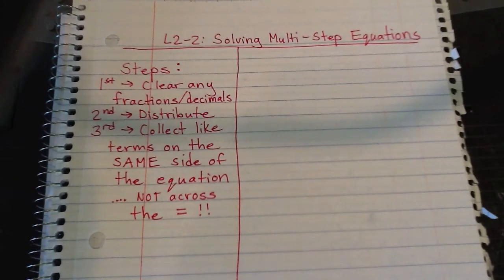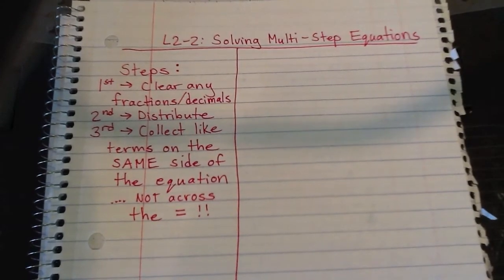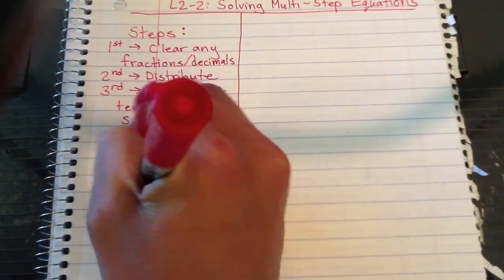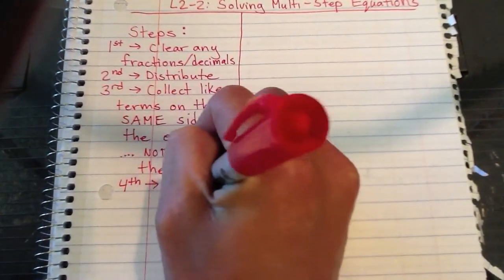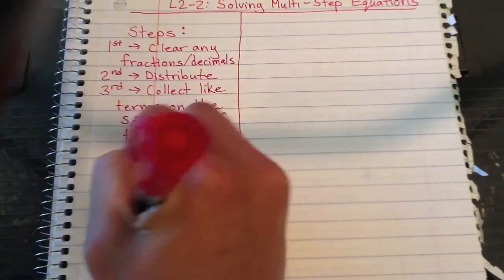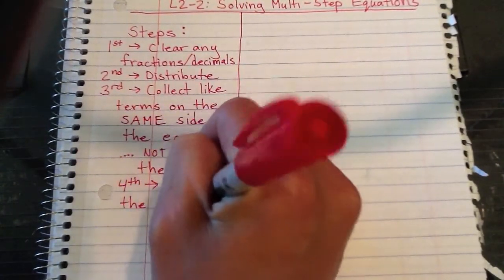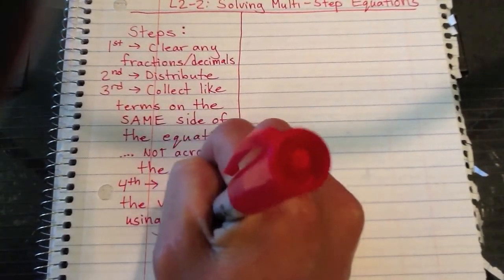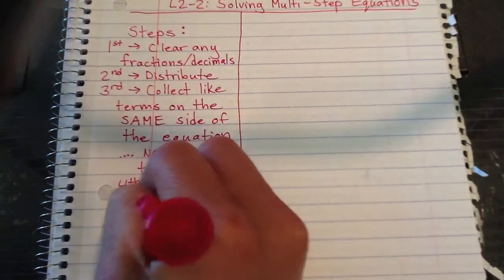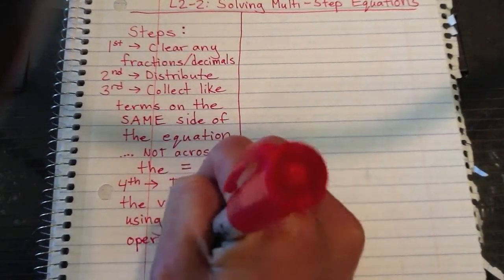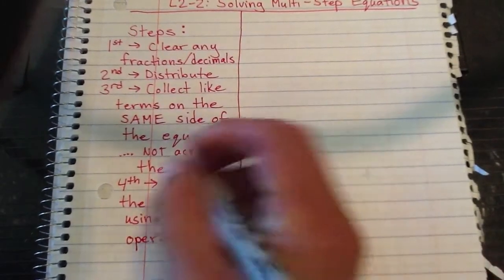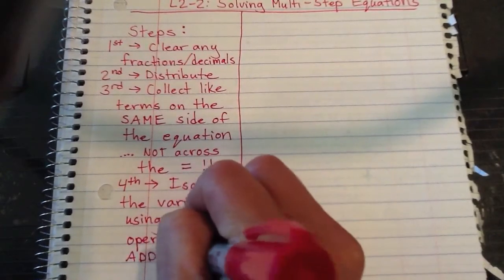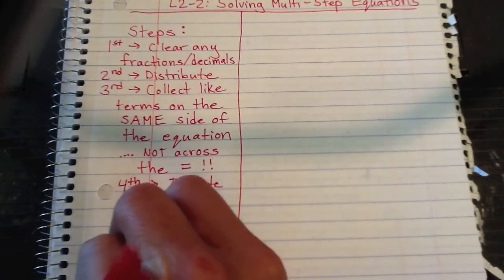Then you're going to start to work on isolating the variable using everything that we've already been doing. So isolate the variable using inverse operations. And you always want to add or subtract, then multiply or divide.